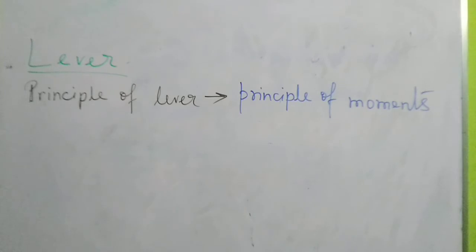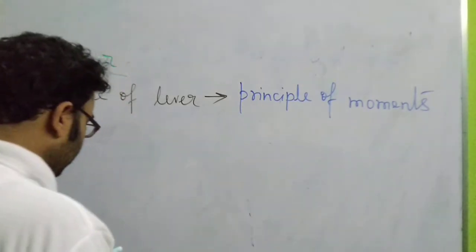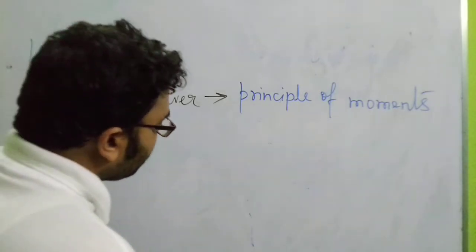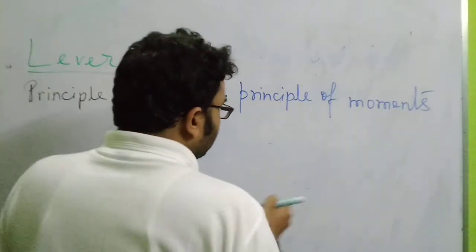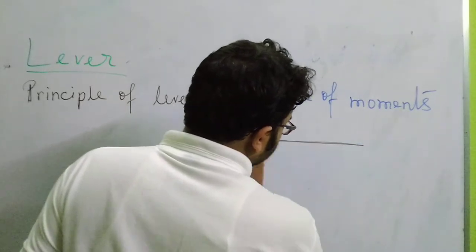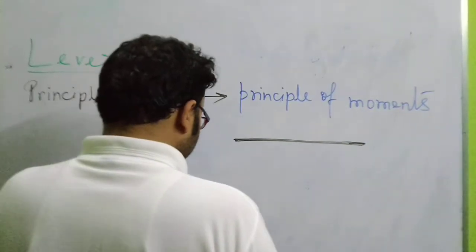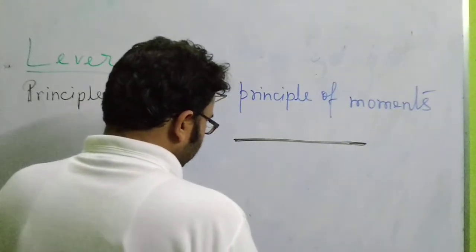So in case of a lever, how can you apply this principle of moments? Just think about the diagram that we have drawn in the previous shots. This is a rigid bar. It has been pivoted at a certain point.